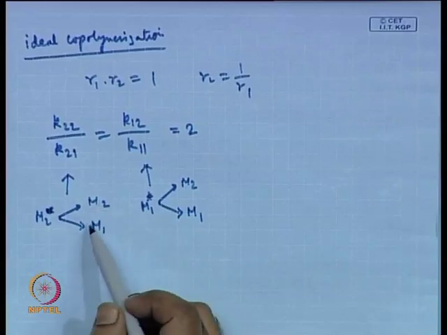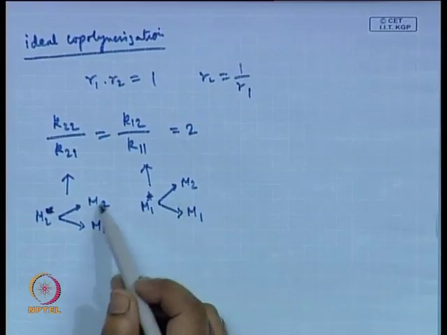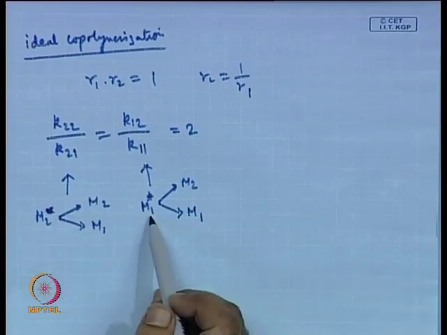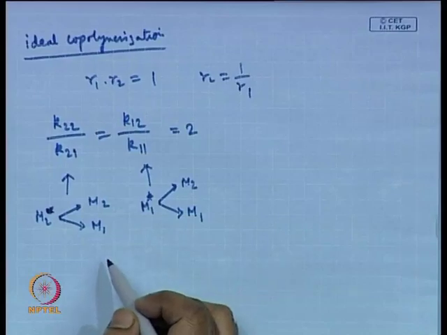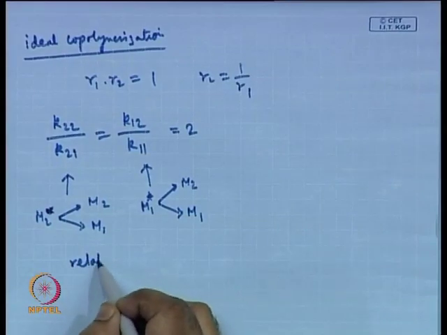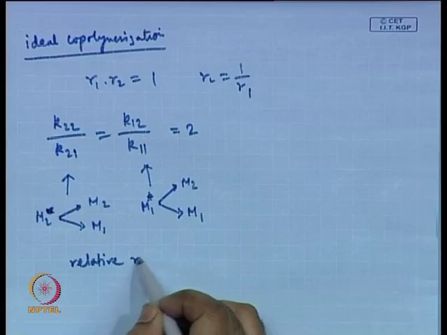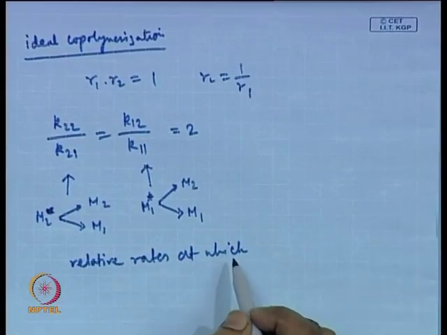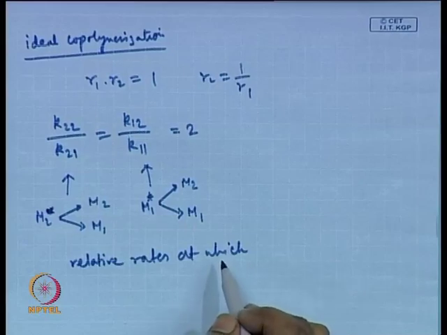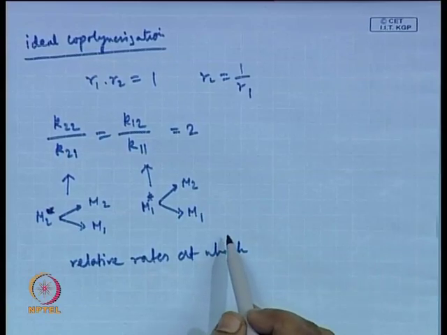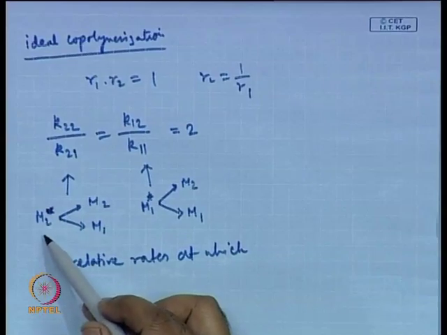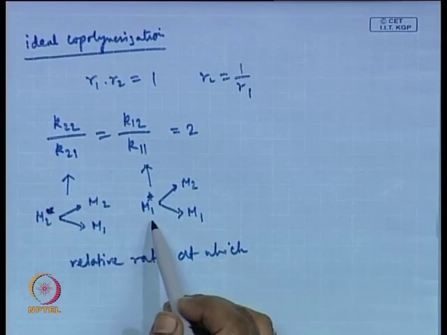In other words, M2 will be more reactive towards both M2 star and M1 star, which means that the relative rate at which the two monomers are incorporated in the copolymer chains is the same irrespective of the identity of the unit which is present at the end of the propagating species.